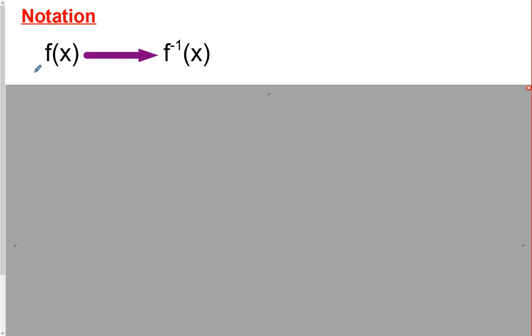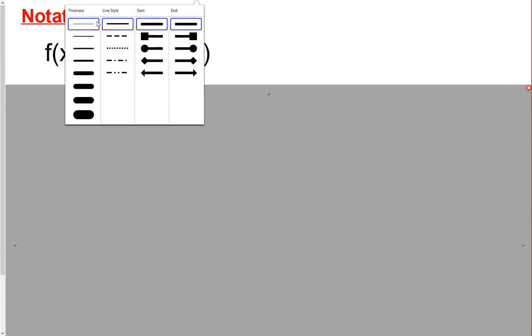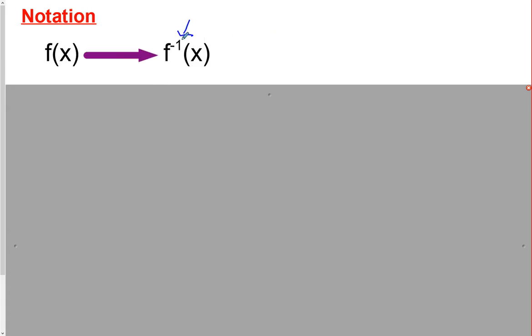This doesn't mean that this thing has an exponent of -1. That is just to indicate that we're talking about the inverse. So if you see that, that means it's an inverse of the original function.